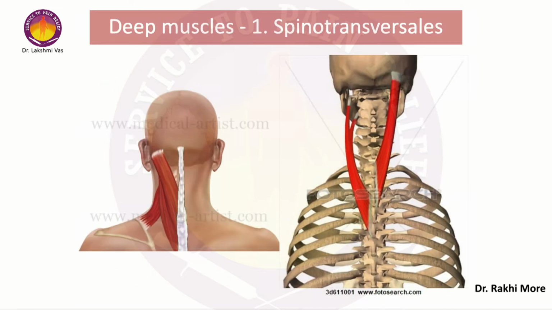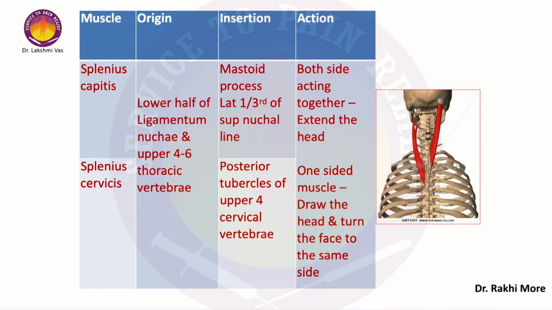So the first group of the muscles, that is the extensors and the rotators of the head and the neck, consists of the spinotransversales muscles, which run from the spinous process to the transverse process, and these are the splenius capitis and the splenius cervicis. Both these muscles take origin together from the lower half of the ligamentum nuchae and upper 4 to 6 thoracic vertebrae.